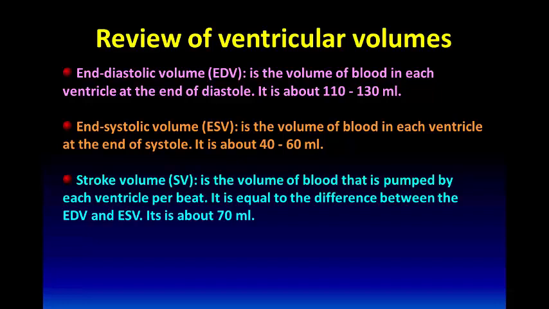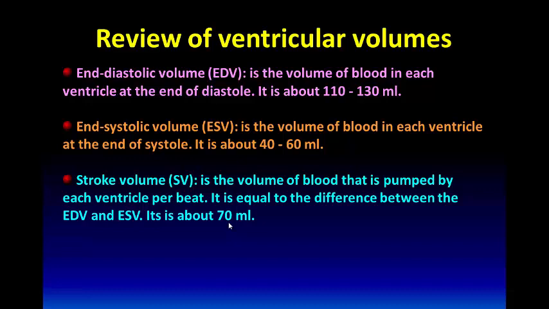The volume of the blood which is pumped by each ventricle per beat is known as the stroke volume, and this is equivalent to the difference between the end diastolic volume and the end systolic volume. So it is about 70 milliliters of blood ejected from the left ventricle into the aorta, and 70 milliliters of deoxygenated blood ejected by the right ventricle into the pulmonary trunk.